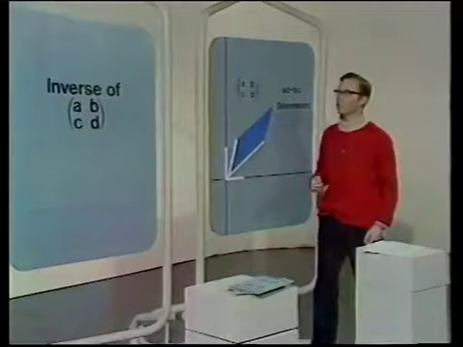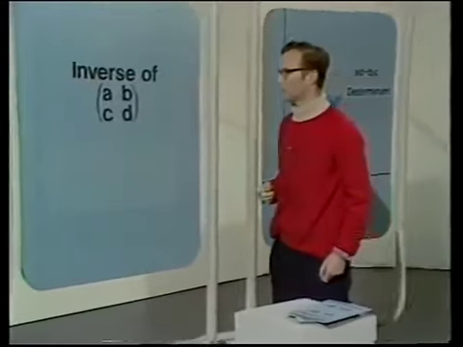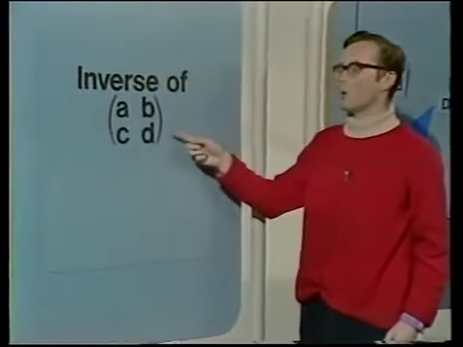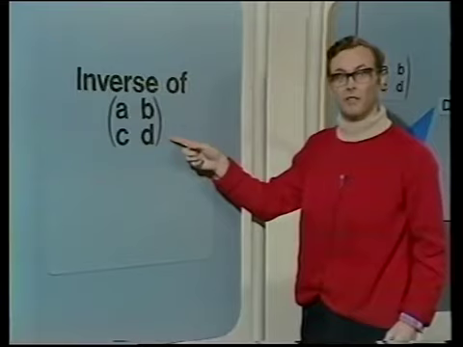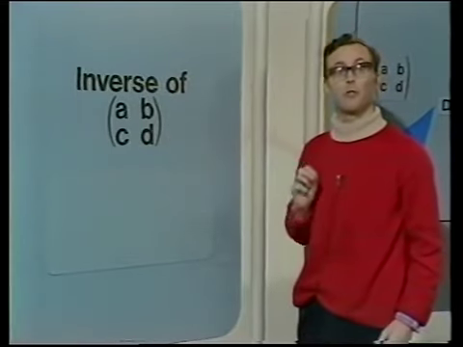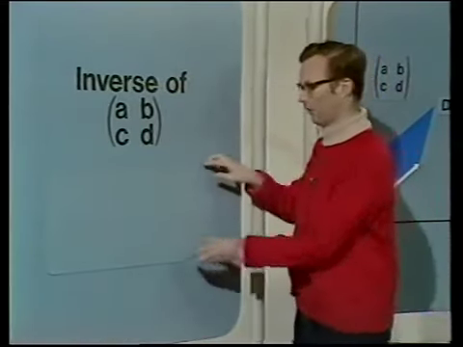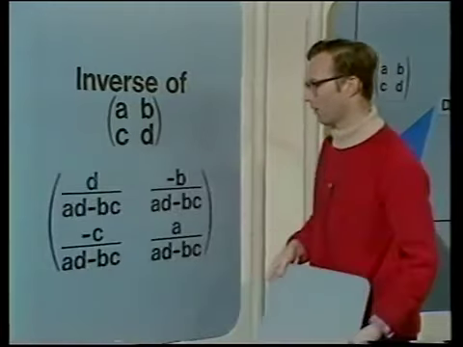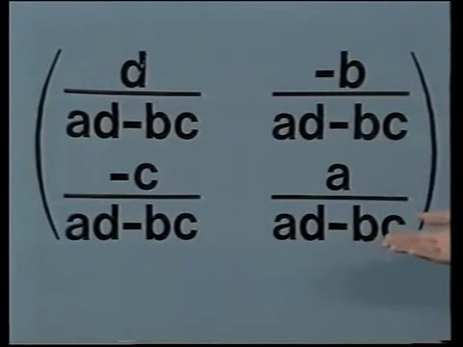Well, we can also look at this algebraically. Supposing we've got a matrix which does have an inverse, then in fact we can write down this inverse straight away. It's this. Don't worry if it looks a little complicated.